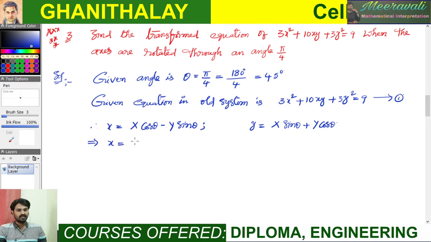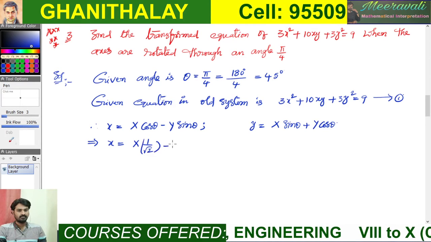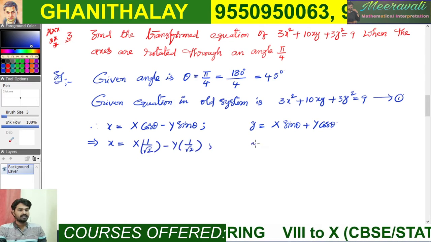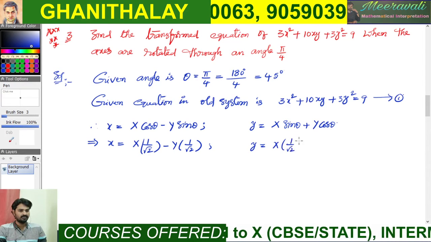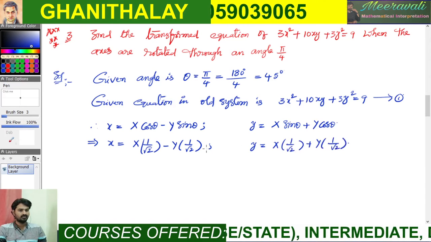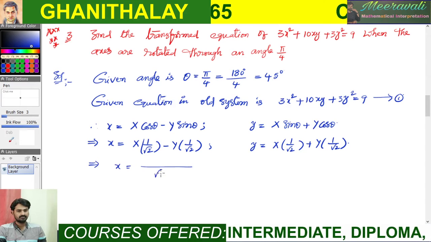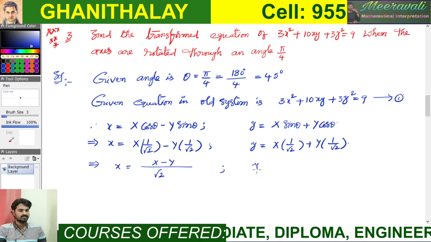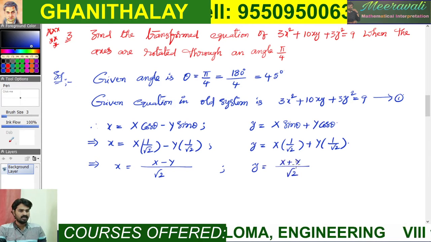Now capital X into cos 45, 1 by root 2, minus Y into 1 by root 2. Next small y is equal to X into sin 45, 1 by root 2, plus Y into cos 45, 1 by root 2. Okay. So finally small x is equal to (X minus Y) by root 2. Here also small y, denominator same, is (X plus Y) by root 2.